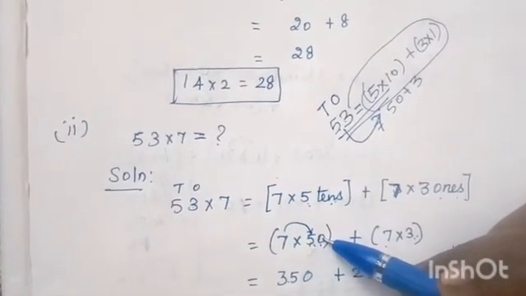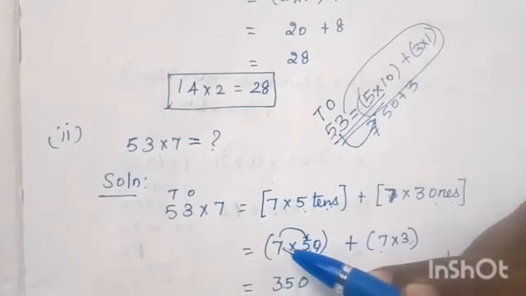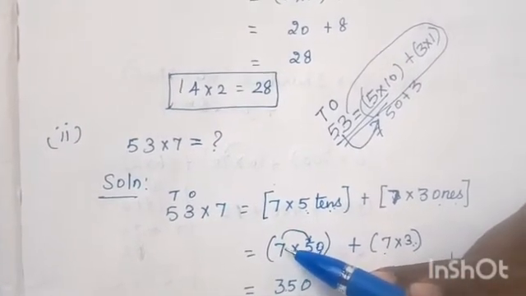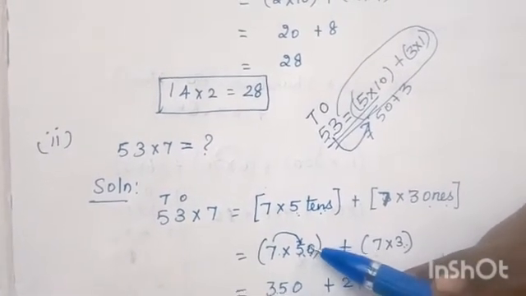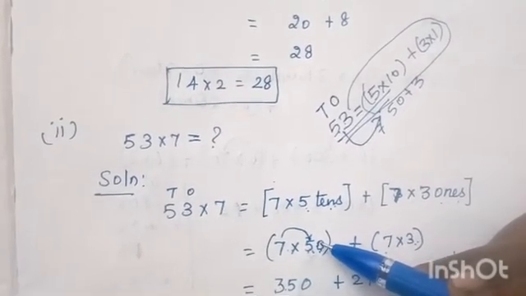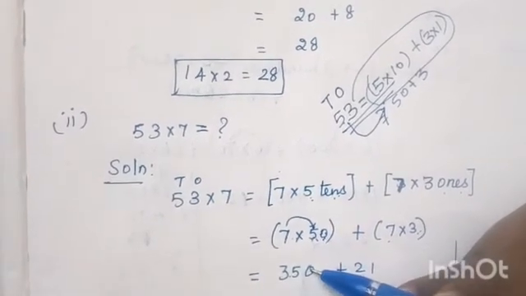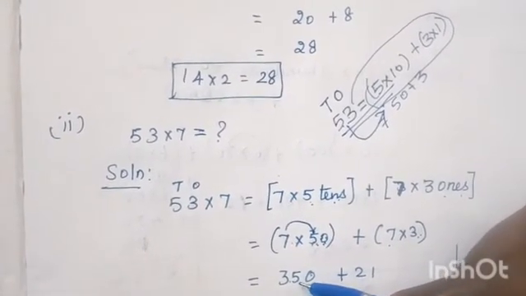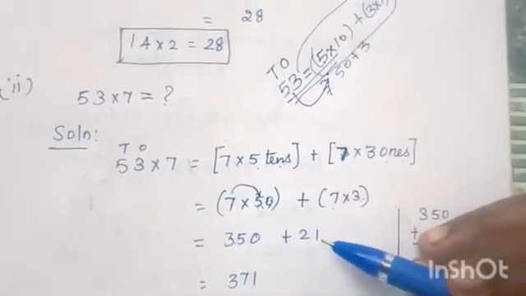At the end of the digit, how many zeros are there? Only 1 zero. This number does not have a zero at the end place. So just count and write how many zeros are at the end of the digit. Only 1 zero. After multiplying these two, take and write this zero. So 350 plus 21. Now we have to add these two.